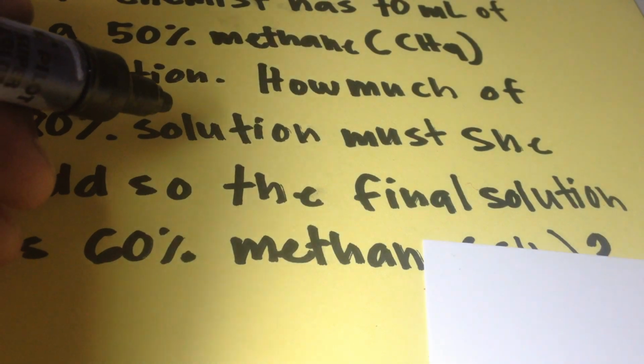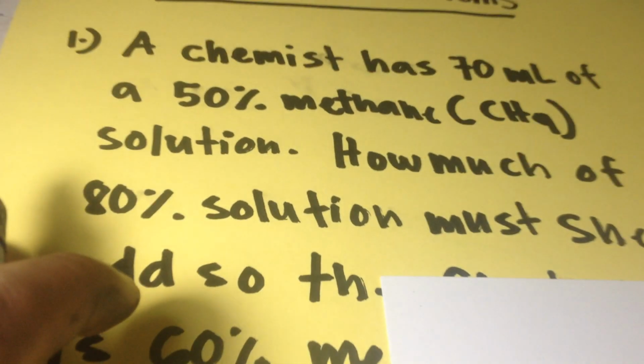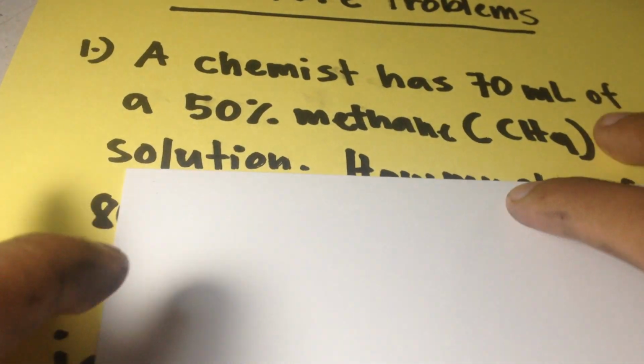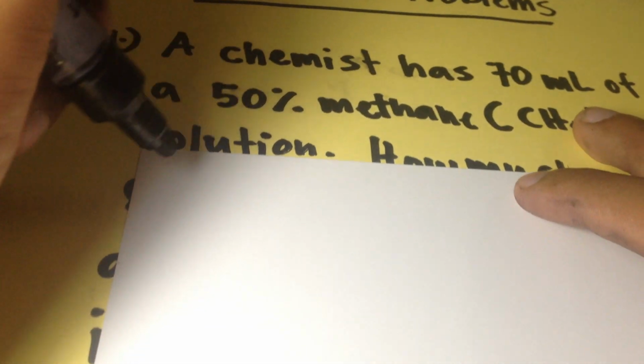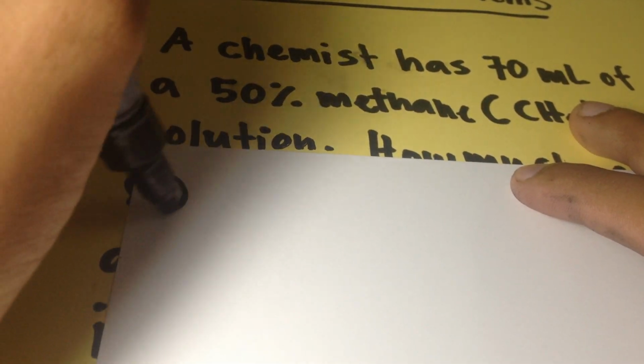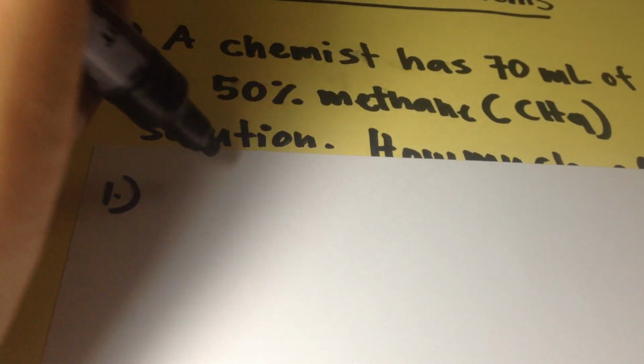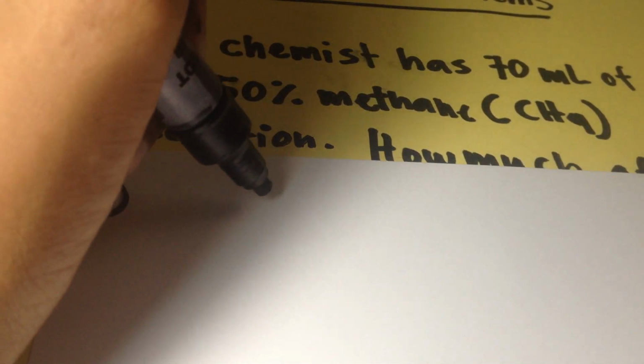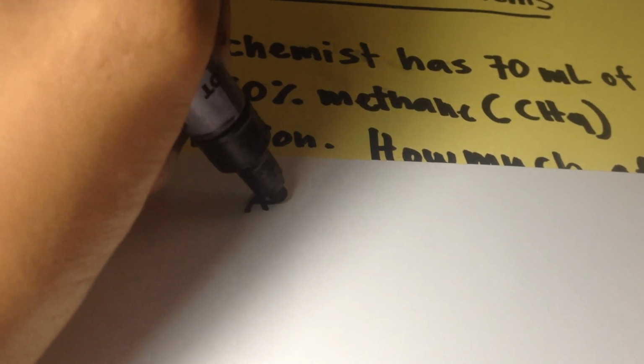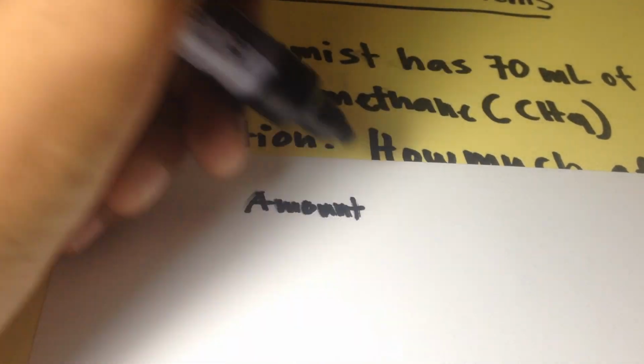The first step is we need to use the problem tactics. So in problem number 1, let's make a table with amount, part, and final.